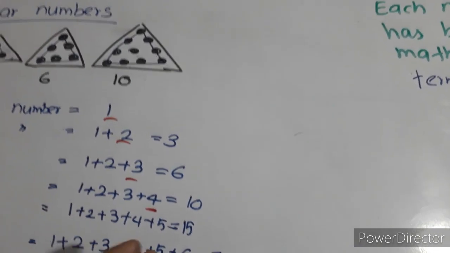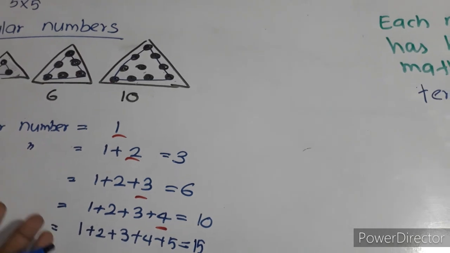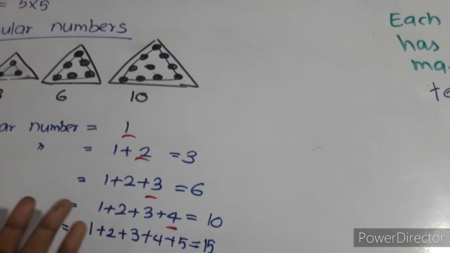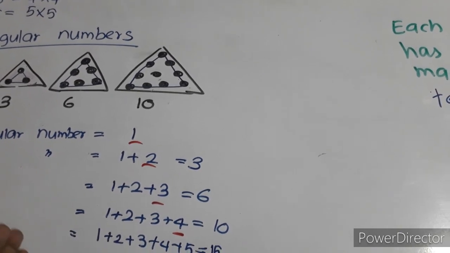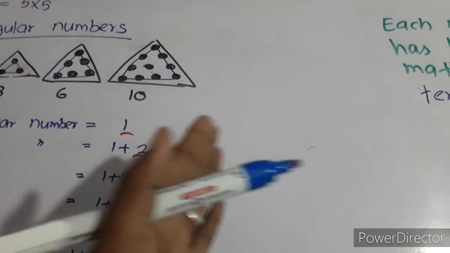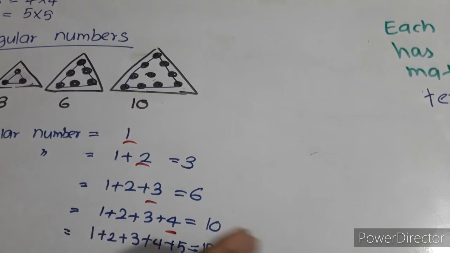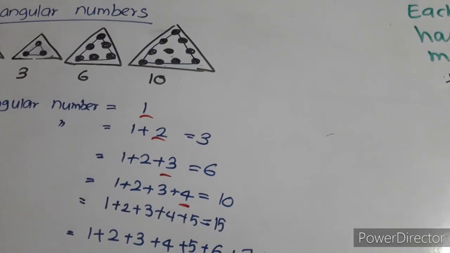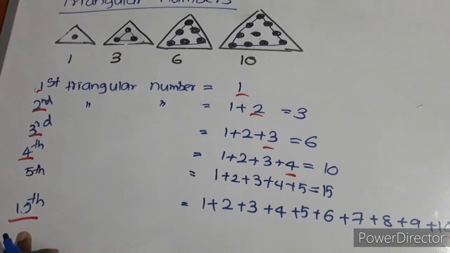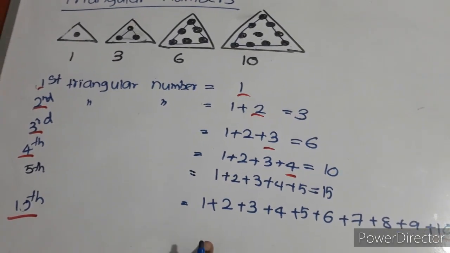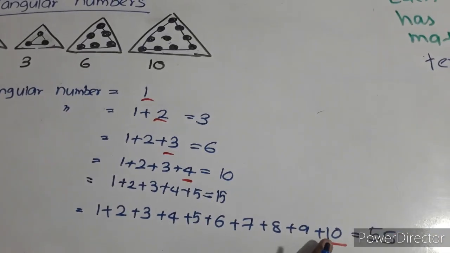Likewise, we can get any triangular number. So, if we need the ninth triangular number, we have to add starting from 1 to 9. If we want the 10th triangular number, I have shown it here: we have to add starting from 1 up to 10.